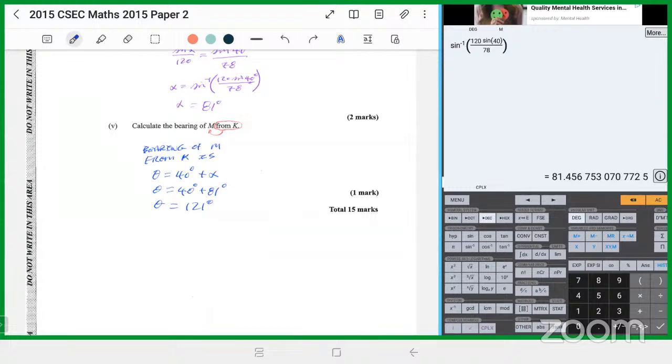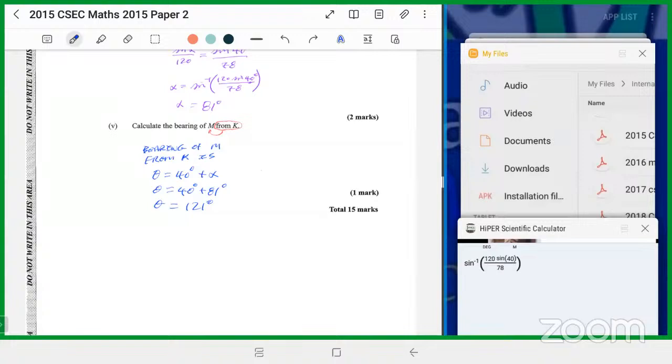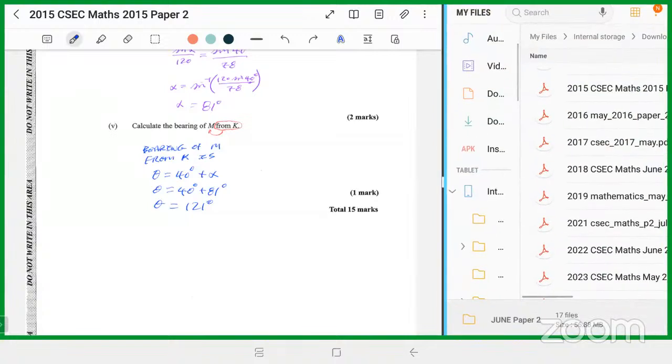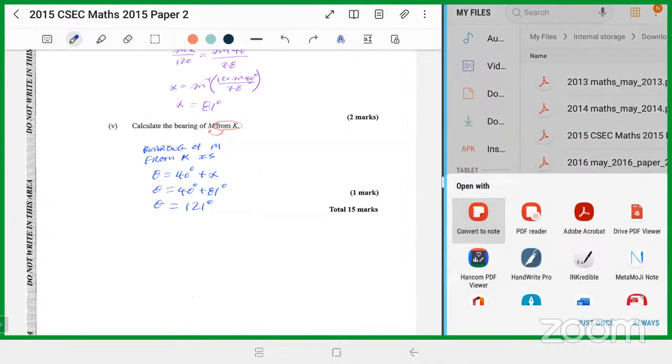All right, so that's a short session. Those are the 3 questions that I sent here that I'm doing today. The next one was on 2014. Which is this one. Let's see.